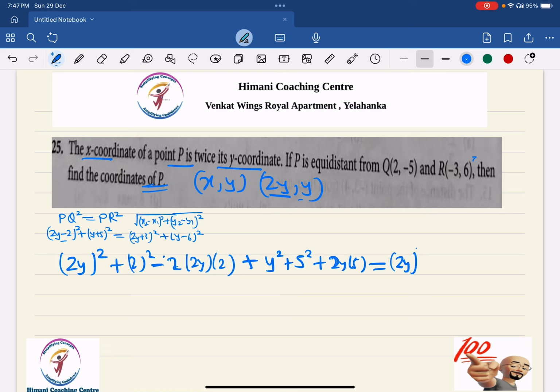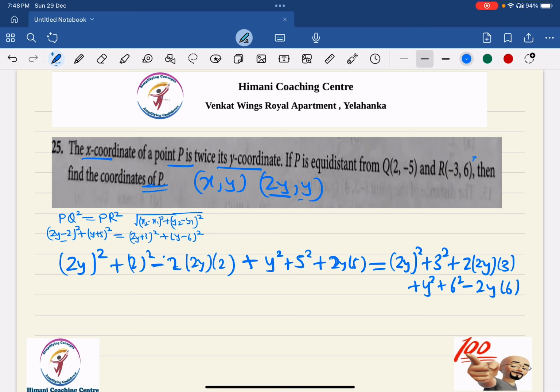So 2y whole square plus 3 square plus 2 times 2y into 3, then y minus 6 square, y square plus 6 square minus 2 times y into 6. Okay. Now, if you are good in this, you could have solved directly also, but I am deliberately writing this so that you know how we use a minus b and a plus b whole square.